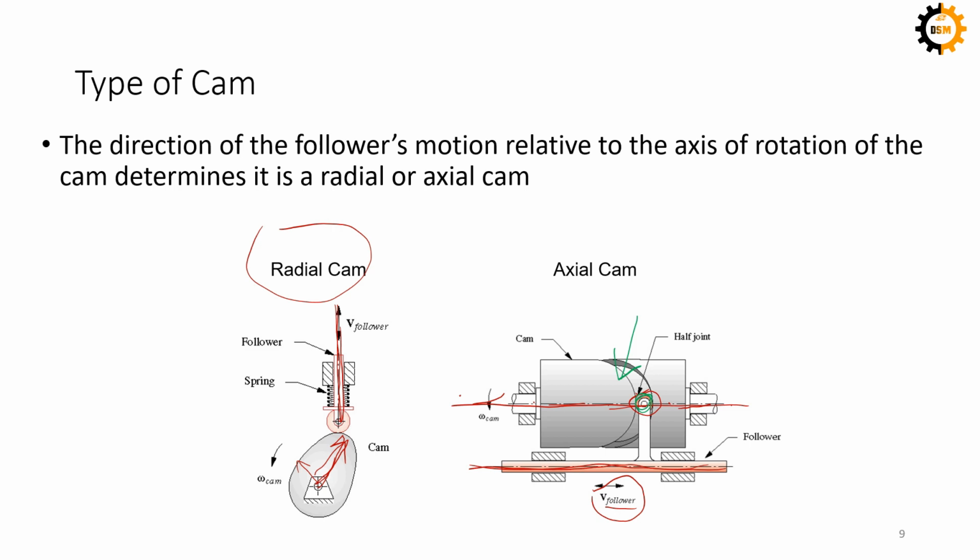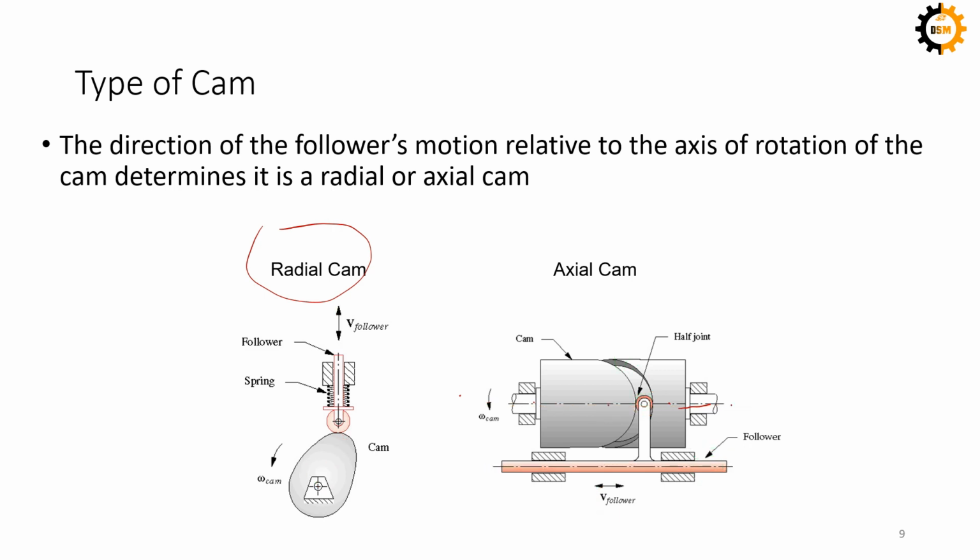And also observe that if this is not entrapped and it is just following a track and there is an option for the follower to come out, we will have to apply some force with some spring, maybe a torsional spring here, which will keep this follower on this track. So this is how you can say that it is form closed or force closed.